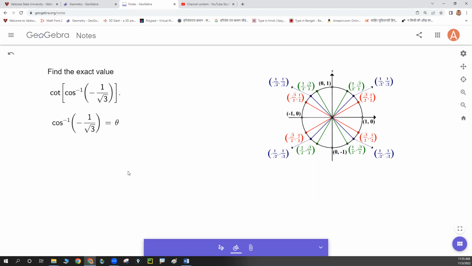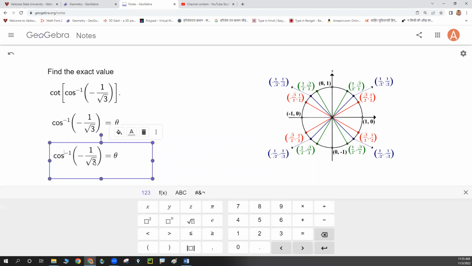And where do we go from here? We can rewrite it as follows. We can say this.